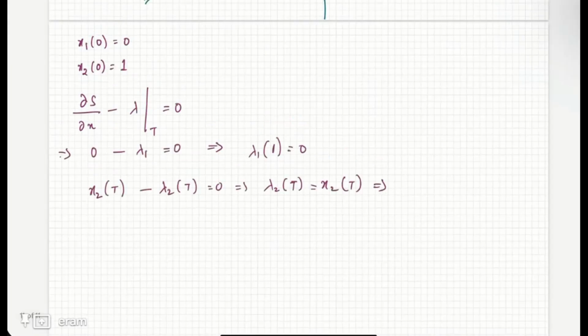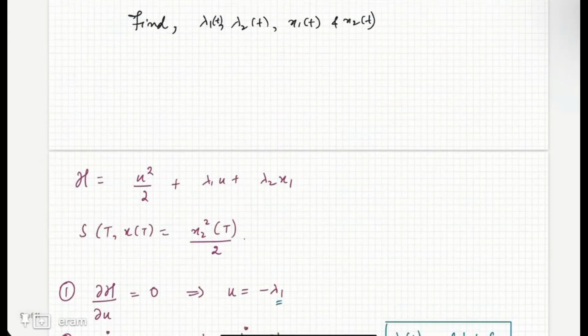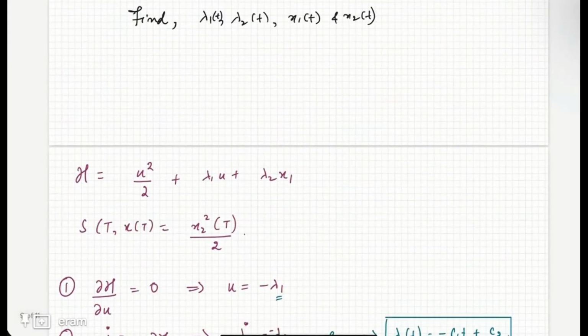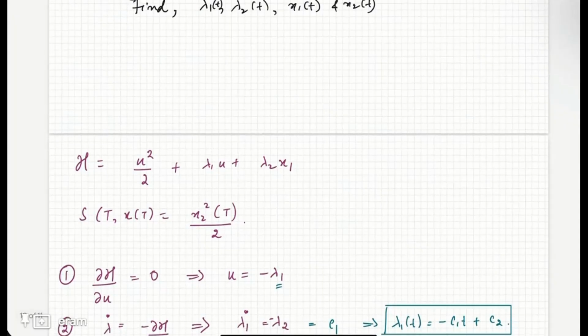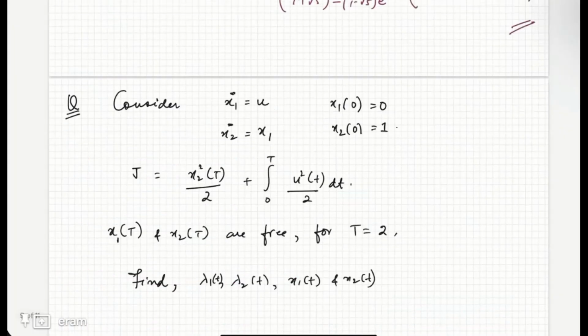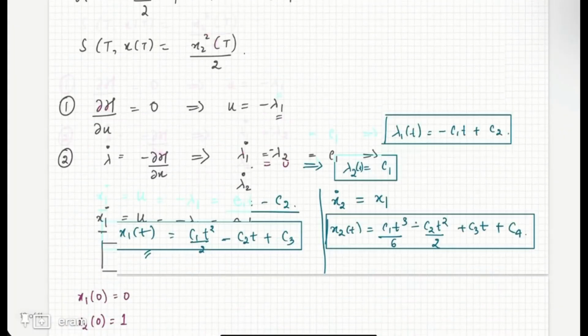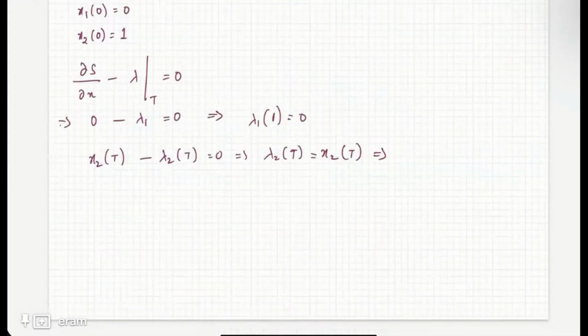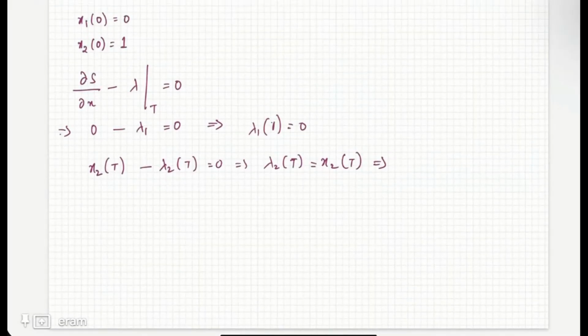So the time we are considering is 2. Yes. Okay. So this t is 2. So this will be 2. Okay.